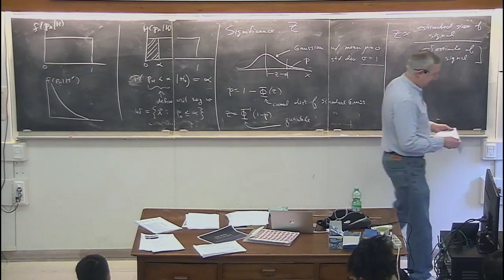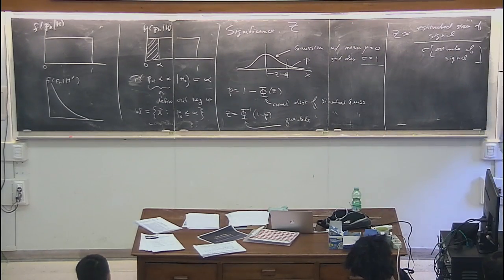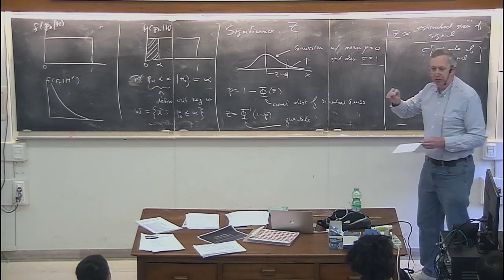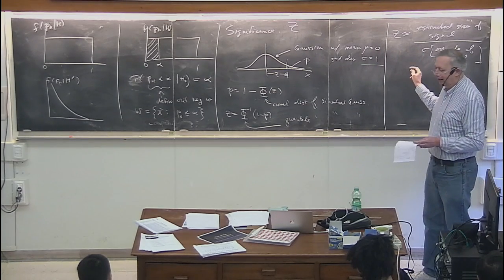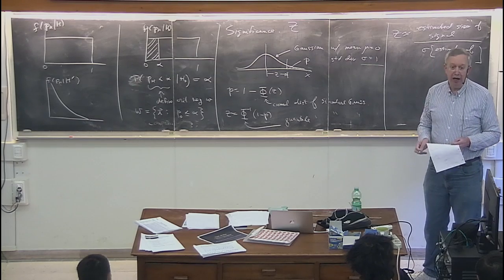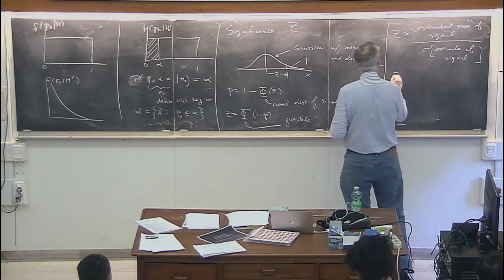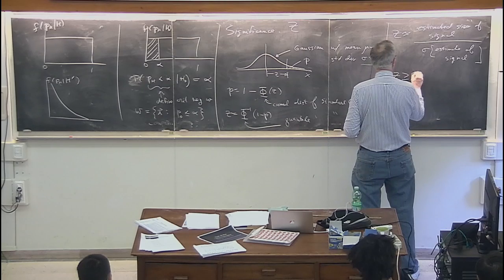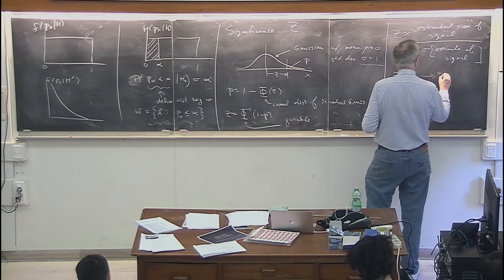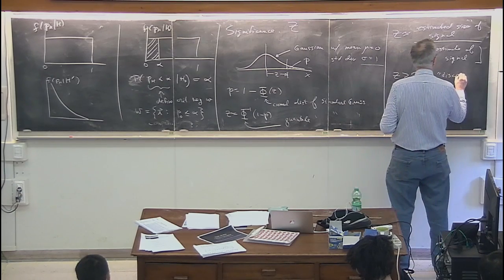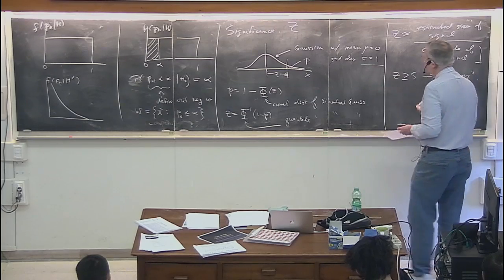And so in particle physics, as you know, very often we would say that you can reject the no signal hypothesis if the significance is greater than or equal to 5. So z greater than or equal to 5 is somehow taken as discovery. But let's be clear about what you're doing here.